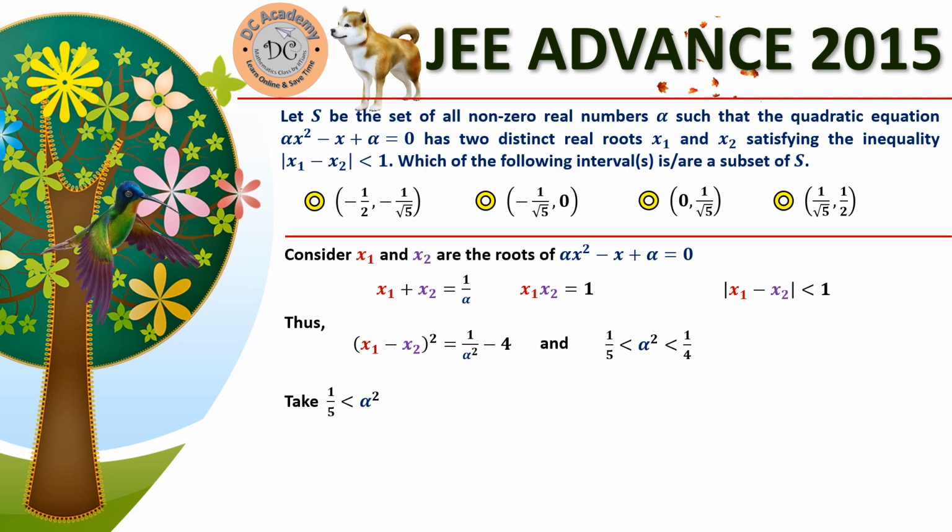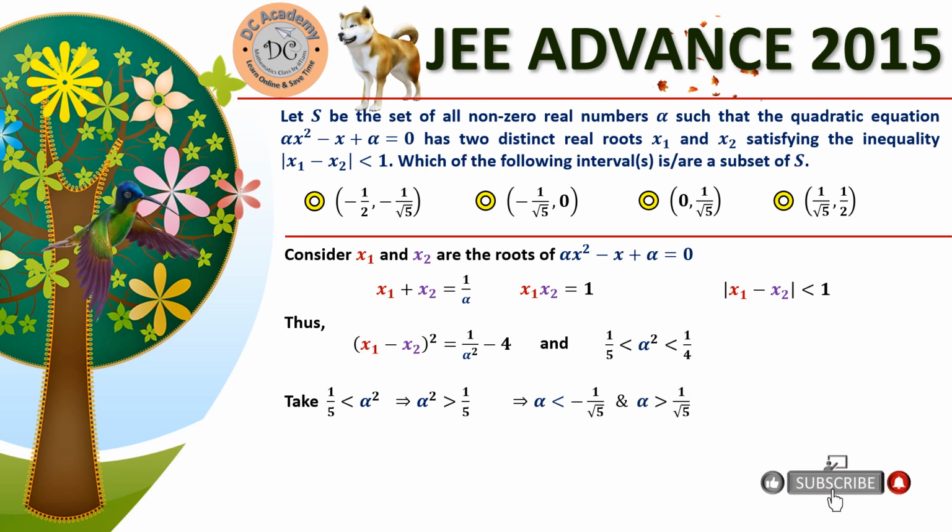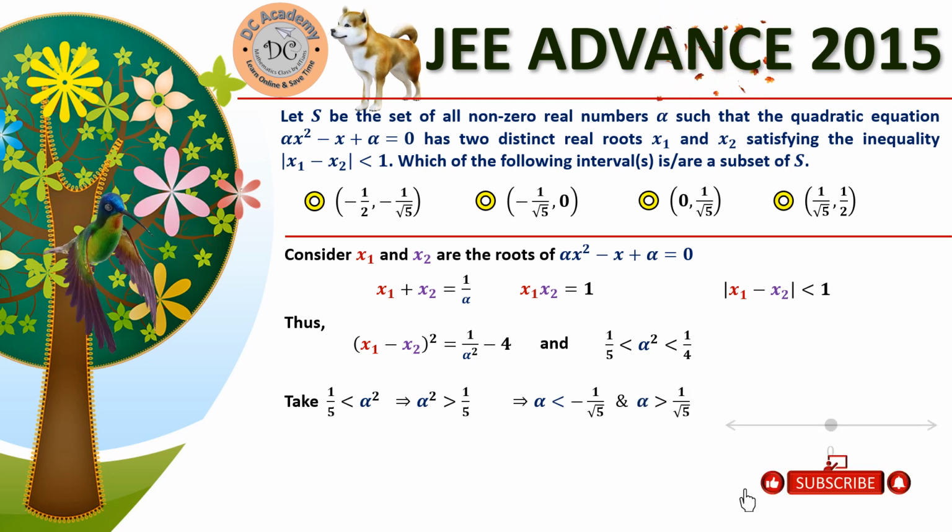Now we consider 1 by 5 less than alpha square, that is, alpha square is greater than 1 by 5. This is only possible if alpha is less than minus 1 by root 5 or alpha is greater than 1 by root 5.